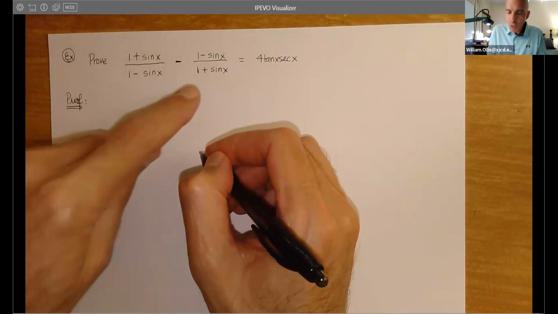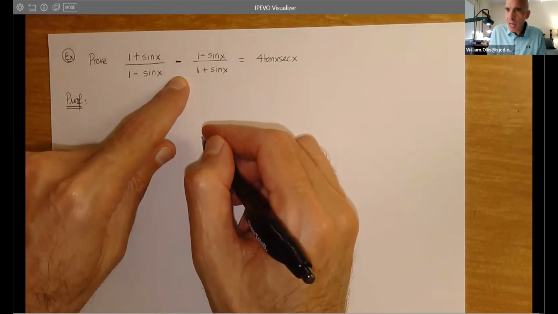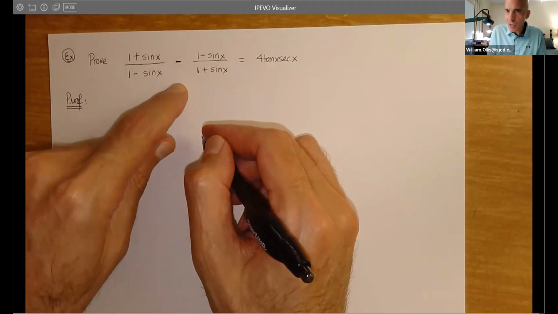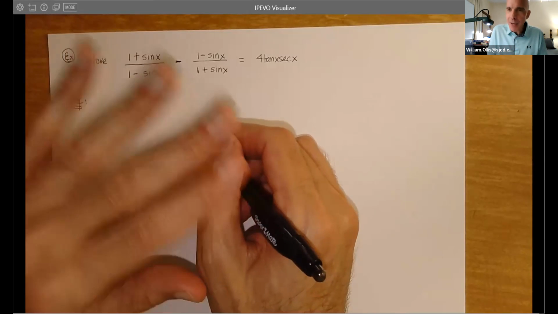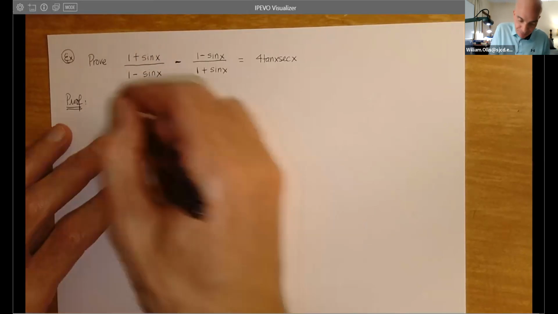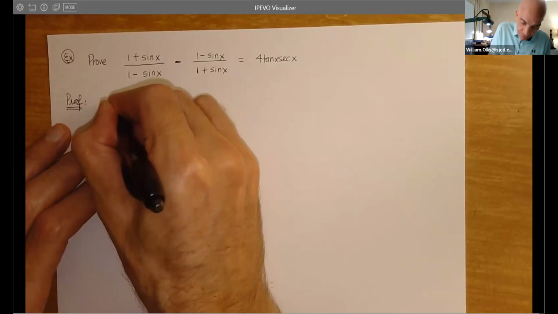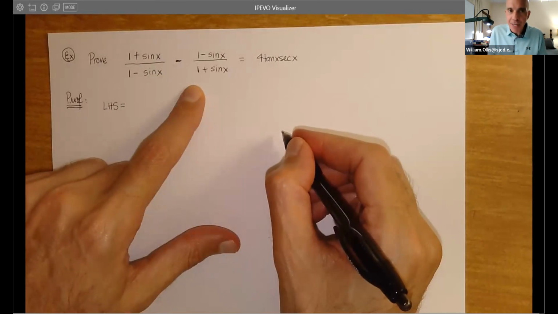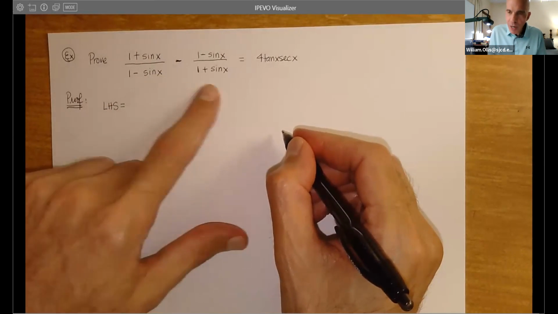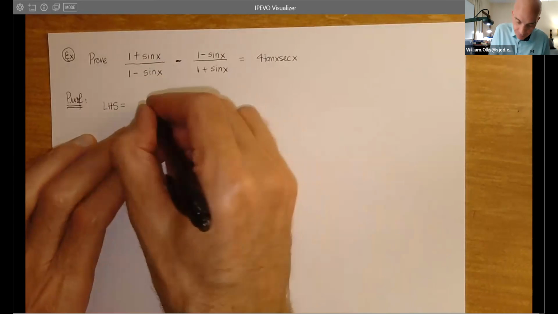And instead of trying to do a partial fraction decomposition, which is kind of what this is doing, it's probably better to try the left-hand side, which is going to be easier. So the first thing we want to do if we start with the left-hand side is to go ahead and get a common denominator.